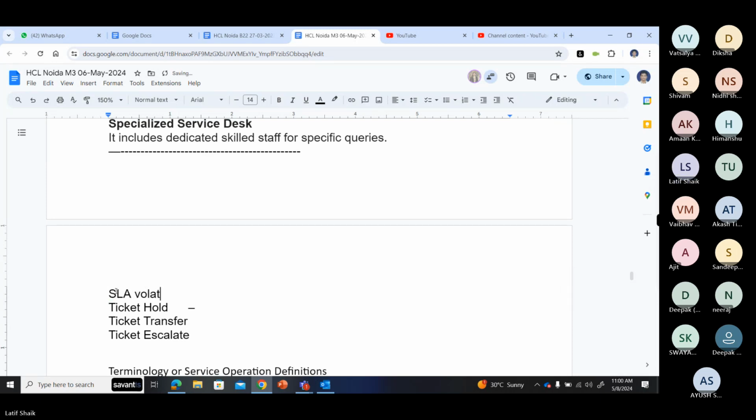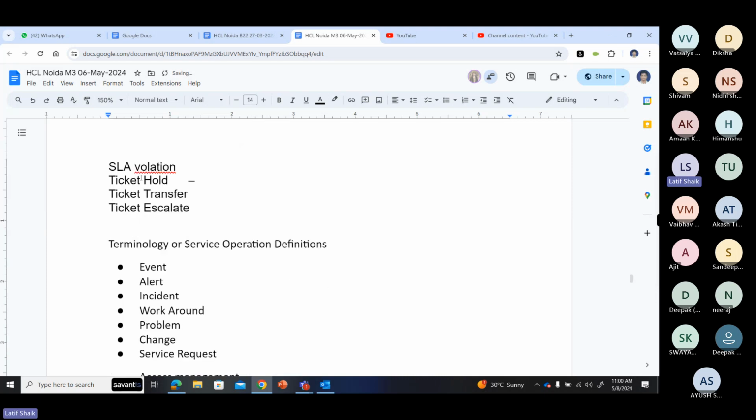What is an SLA violation? If the ticket is not resolved by the given time, that is called an SLA violation.